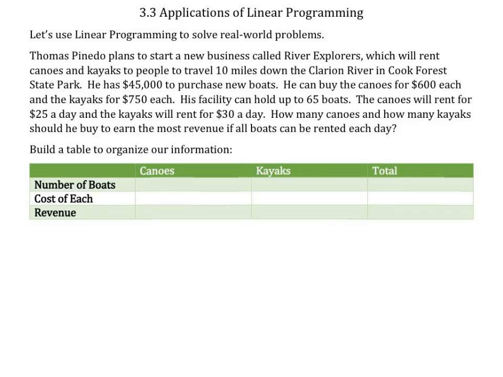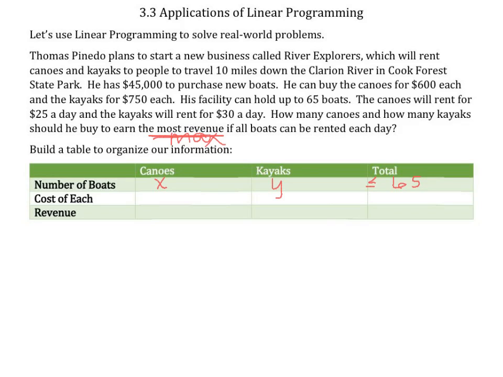So let's start with the most revenue. We're looking for a maximum. We're going to let x equal the number of canoes and y equal the number of kayaks. At most, he can have 65 boats and kayaks altogether.